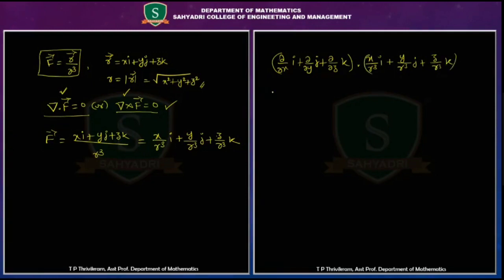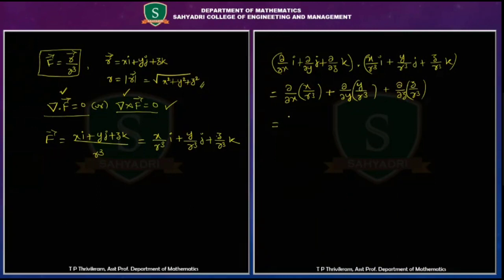So this one is equal to dou by dou x of x by r cube, since i dot i, j dot j, k dot k gives one when you are doing the dot product, plus dou by dou y of y by r cube plus dou by dou z of z by r cube. So you need to differentiate this.